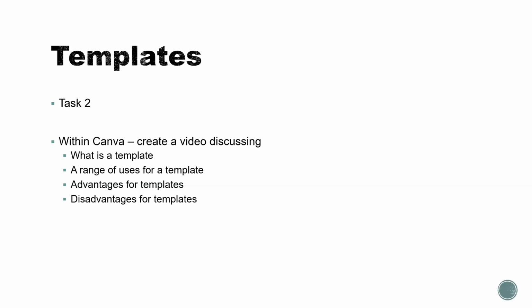So again, on Canva, make it look nice, make it attractive and engaging for your audience, and include transitions and animations. You don't need to stick all of your stuff on one slide. So let's say, for example, if you have a range of uses for a template, you could have a number of slides for that. Don't go into this thinking, oh, I must stick everything for each one of those different bullet points on one slide.